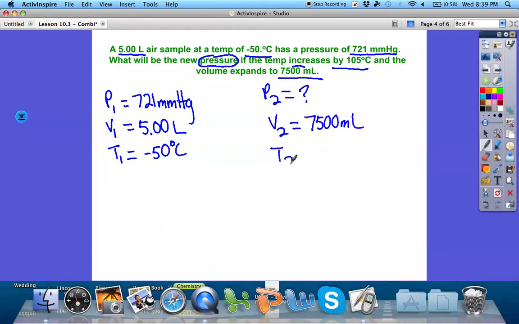And T2 is negative 50 degrees Celsius plus 105, since it says that it increases by 105 degrees Celsius. So this is going to be 55 degrees Celsius. And then we need to add 273 to our temperatures to get our Kelvin temperature.